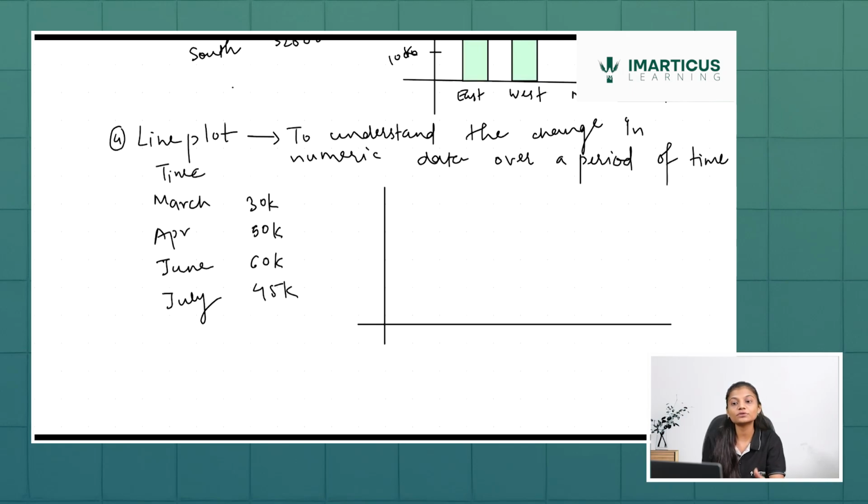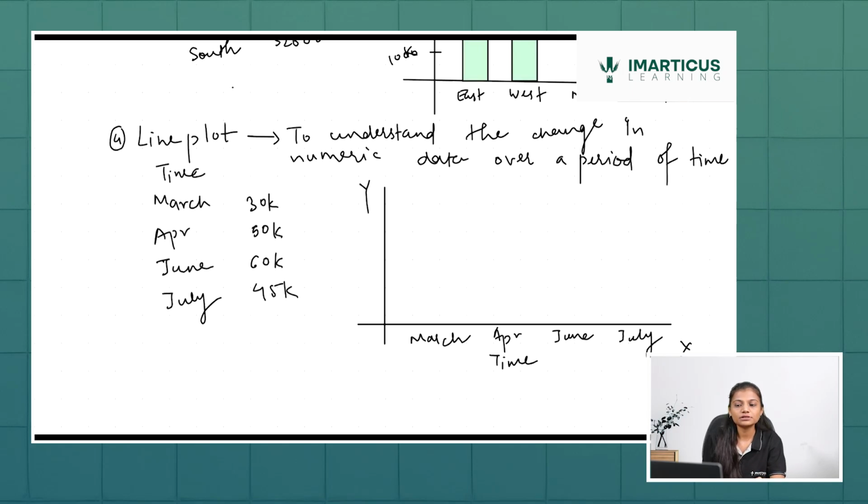With respect to time, March, then April, then June, then July, the data is changing. So I'm considering time as a categorical column, X, and then we have Y. Time is acting as a date component for me. So let's say I have March, April, June, and July. May as data is not available, so I'm considering only till here.